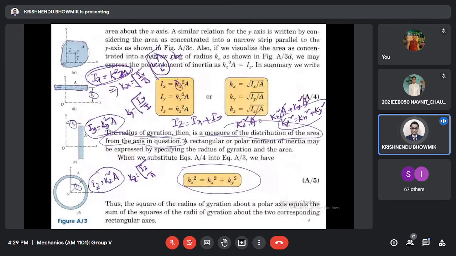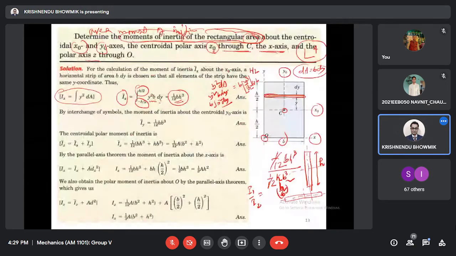Here once again we will go back to the problems. Now we understood that Ix bar equals 1 by 12 multiplied by base multiplied by height cube.